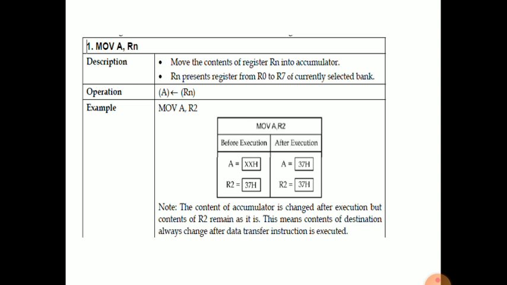You don't need to write 37H only; you can write the same also. Don't worry that if you write the same example, the examiner may not give you the marks. It's not like that. You can take any value, that means any 8-bit number.